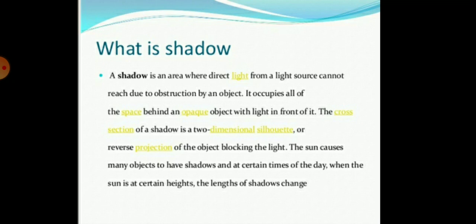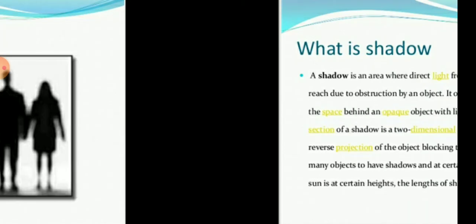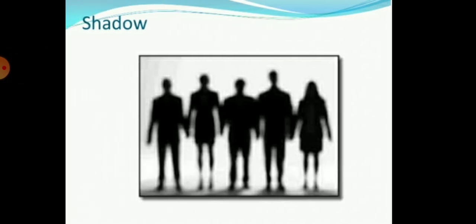The sun also causes many objects to have shadows, and at certain times of the day, when the sun is at certain heights, the length of the shadow changes. In this picture you can see the shadows.